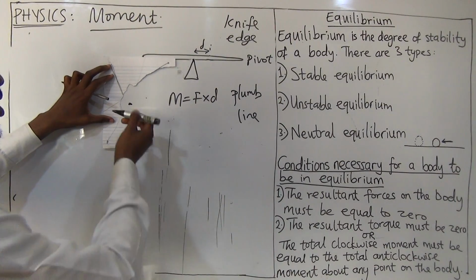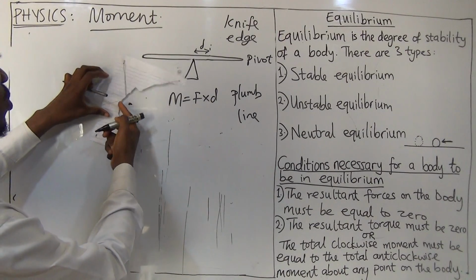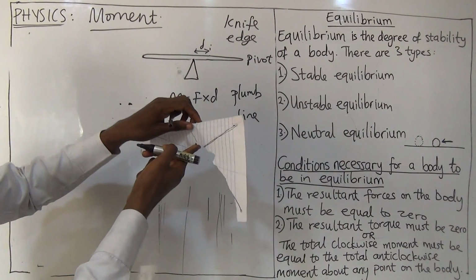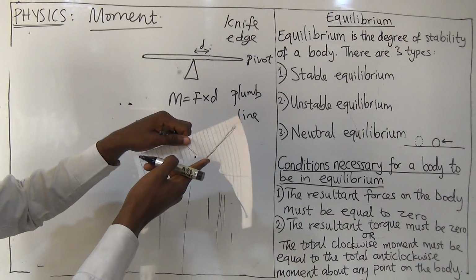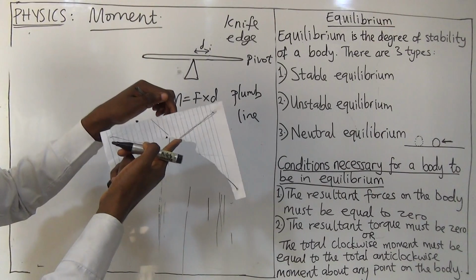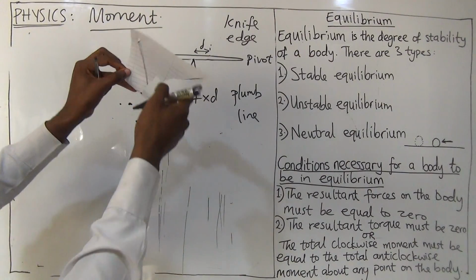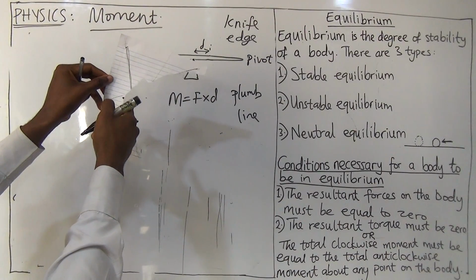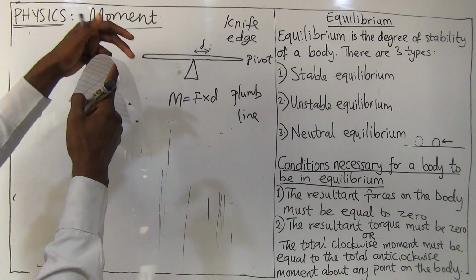If you hang it here, this way, then it will be balanced. That's what it means. Oh, it's not balanced yet. If you hang it here, it's meant to be balanced. But if the center of gravity is outside at this point, that means you cannot successfully hold it at a point.